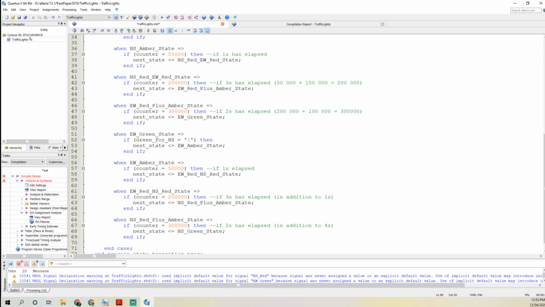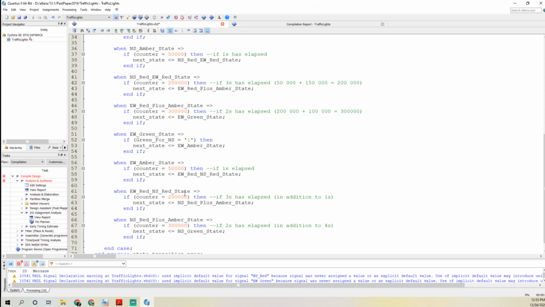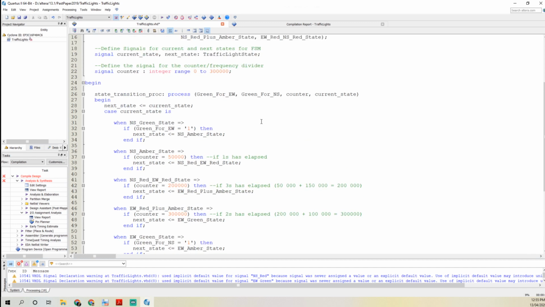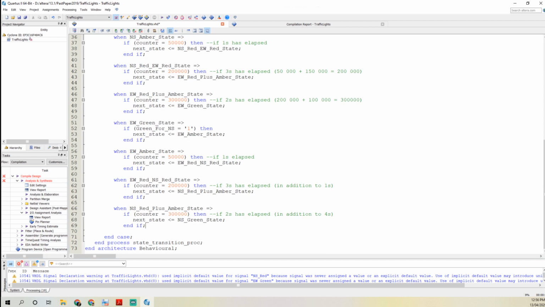All right, and that basically takes care of the finite state diagram, going back to this section of the diagram here, which is our initial state. The last thing to do is, as VHDL programming practice goes, for any case when statement, we need to have a default case.